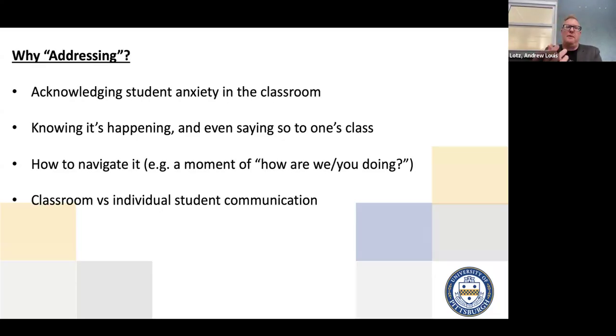So why addressing? Why do I use that term? I think it's important because I think a good foundation is acknowledging student anxiety in the classroom. This is one of those things that you see increased rates. Some of the studies I referenced earlier showed increased rates in students expressing anxiety is a concern.